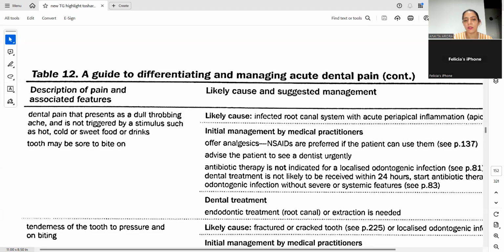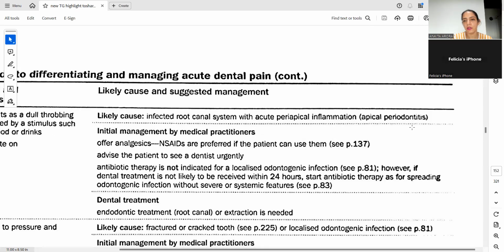So this can be apical periodontitis, an infected root canal system with acute periapical inflammation. In irreversible pulpitis, the whole pulp was irreversibly damaged, but it had not created any periapical radiolucency.